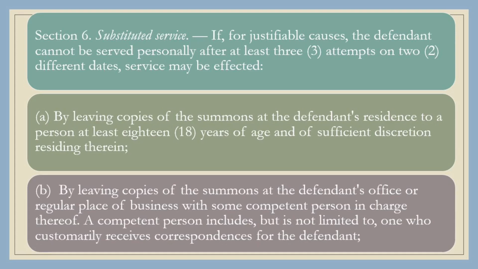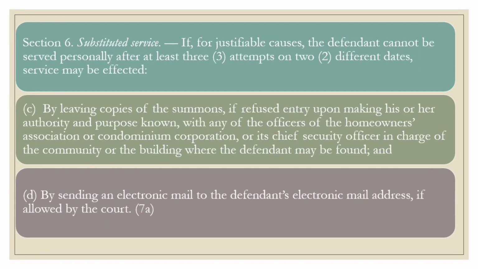B. By leaving copies of the summons at the defendant's office or regular place of business with some competent person in charge thereof. A competent person includes but is not limited to one who customarily receives correspondence for the defendants.